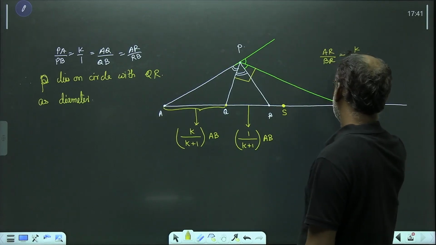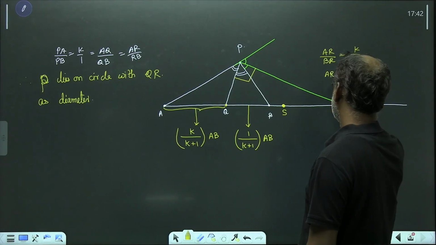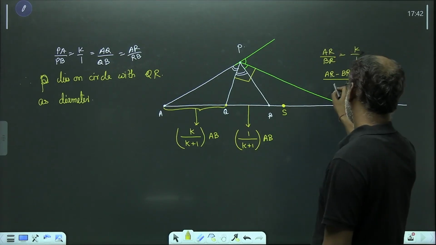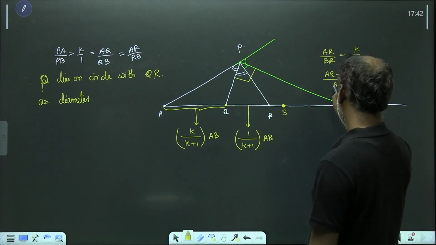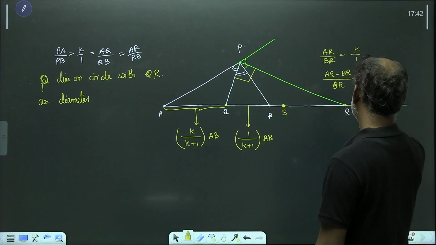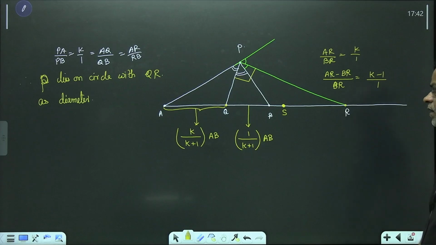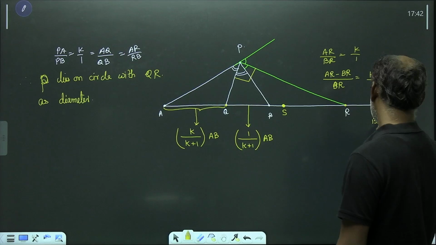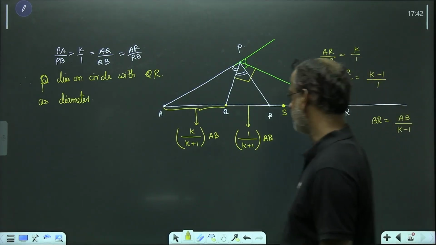So, subtract: AR minus BR upon BR is, what is AR minus BR? AR minus BR is AB. So, what is BR? AB upon K minus 1. We are assuming K is greater than 1.